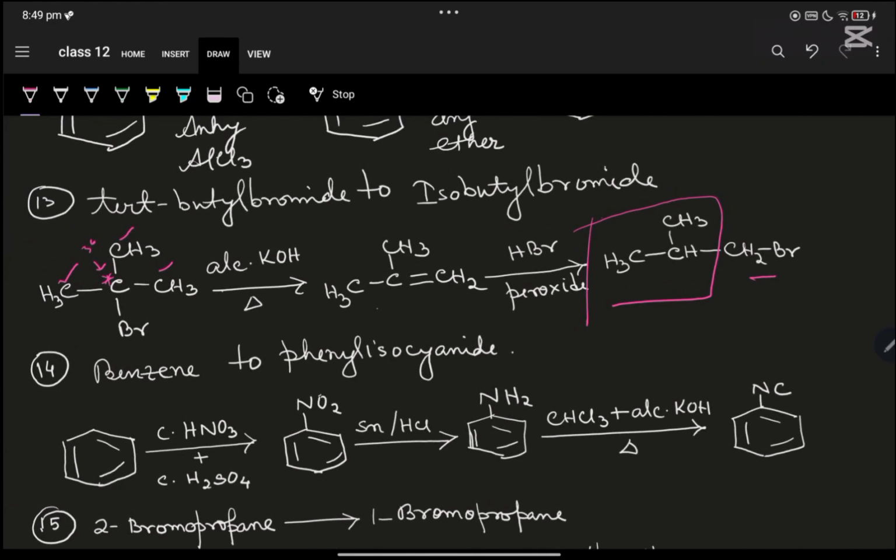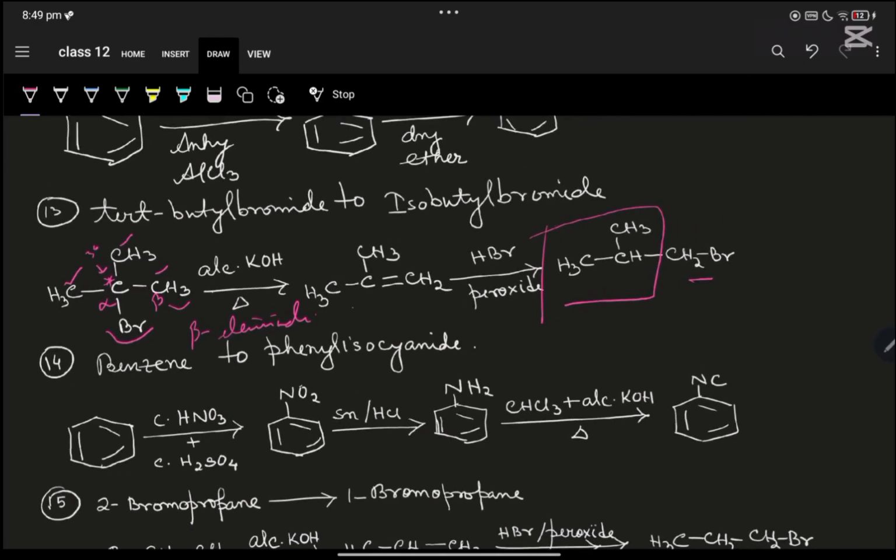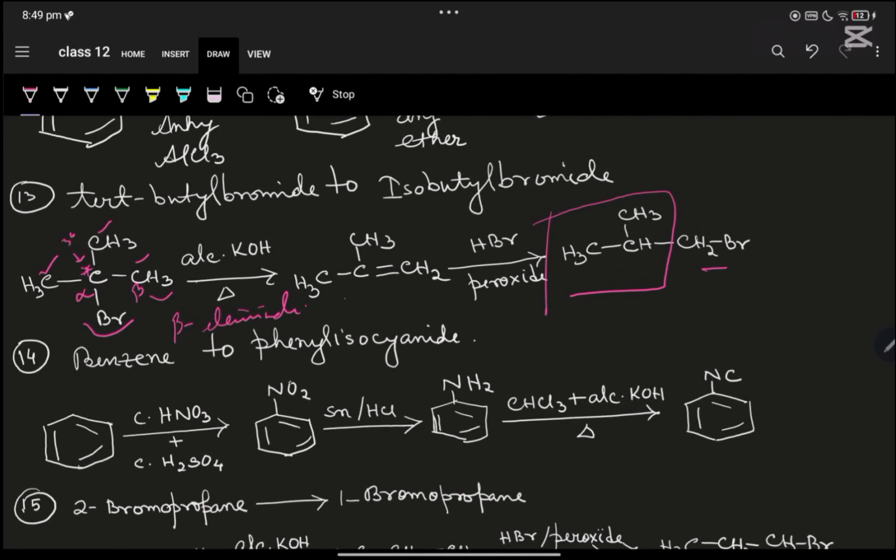Here you have to first do elimination reaction, giving alcoholic KOH and heat. This is your beta elimination reaction. When you do so, this is the alpha position Br, and all the betas are the same. So from here H is eliminated, and you get a double bond between alpha and beta by the elimination of HBr.